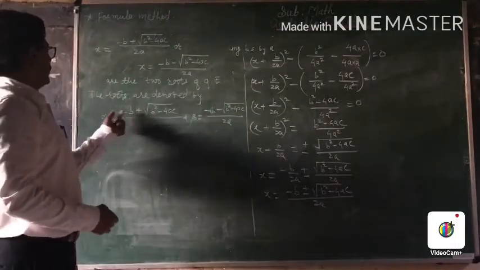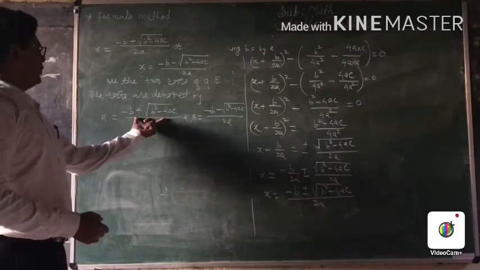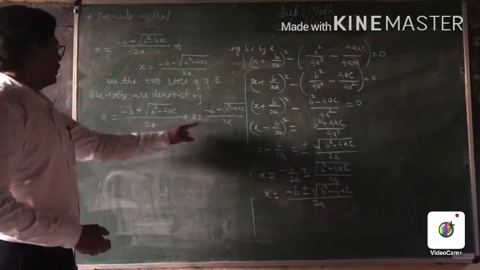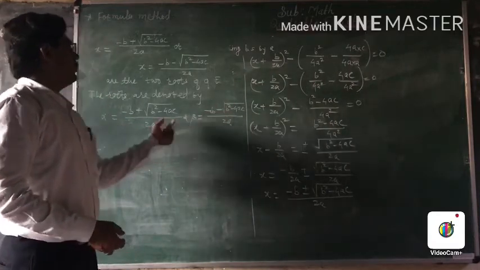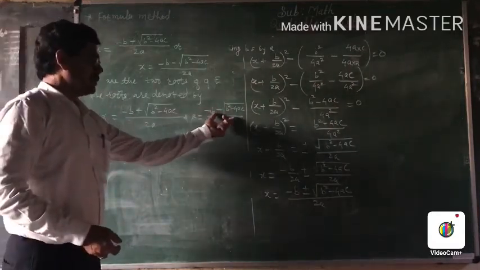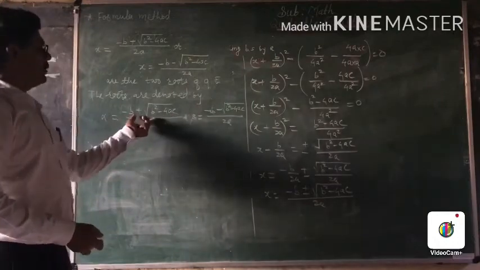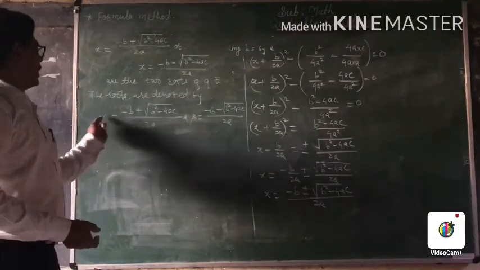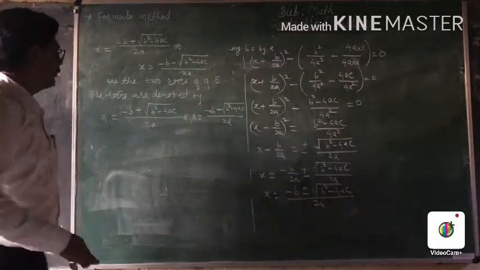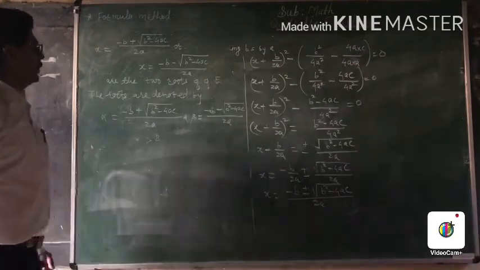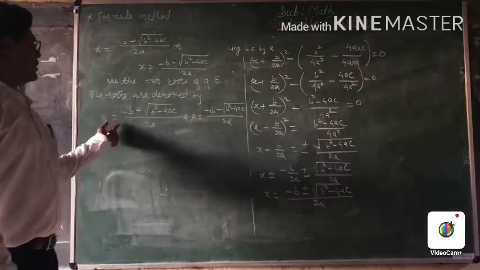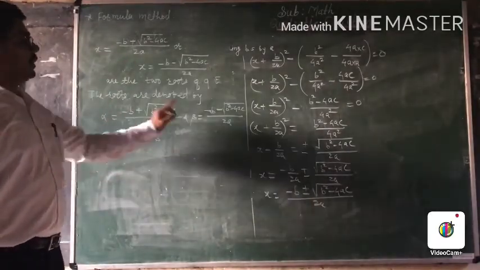If alpha is equal to this value, then alpha is greater than beta, and if alpha is equal to the other value, then alpha is less than beta. If this one is alpha and this one is beta, at this time alpha is greater than beta. We are considering these two roots as alpha and beta.